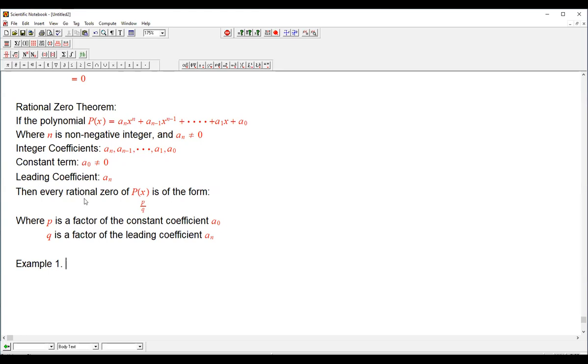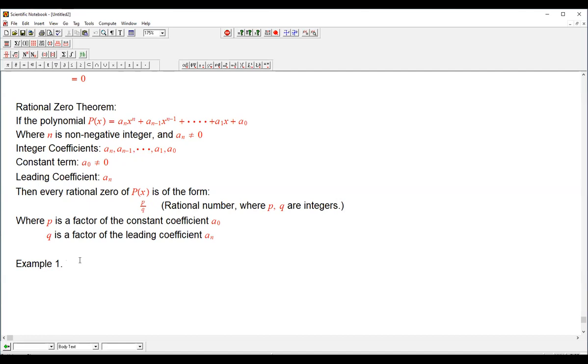So a rational zero means this is a rational number, where P and Q are both integers.